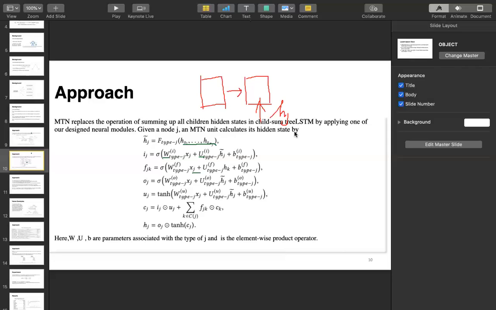And x_j, I'm not sure I'm correct, is something passing by, but it is already a tree structure, so I didn't get where x_j comes from.